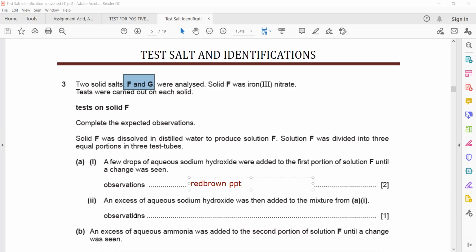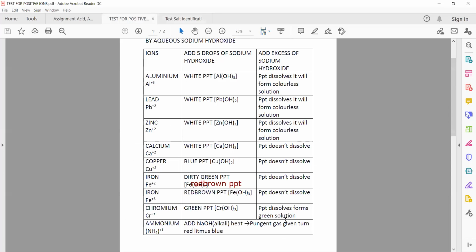Next, an excess of sodium hydroxide was added. Excess means like more than enough, too much is added. So if I add an excess or too much, what I will observe if iron 3 is there?